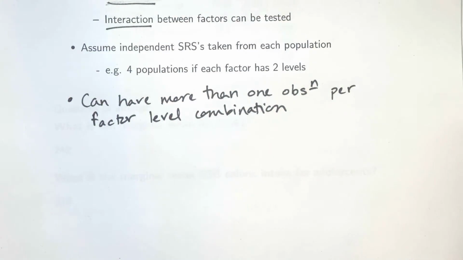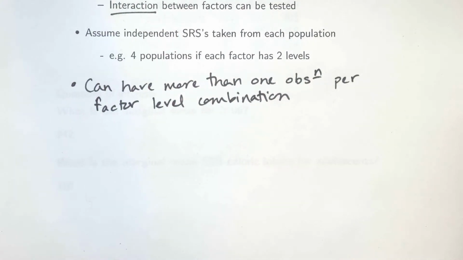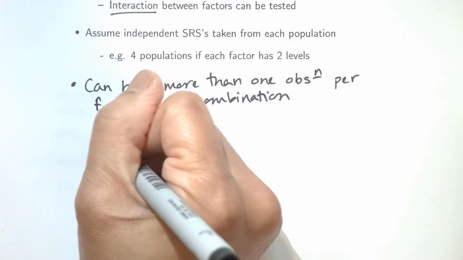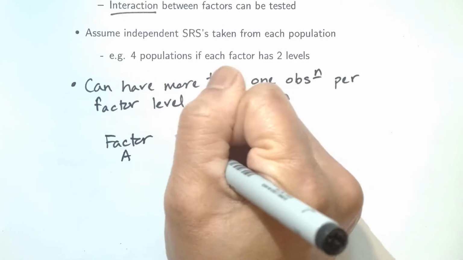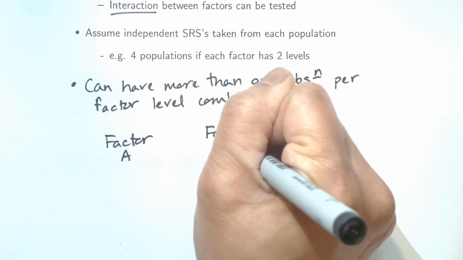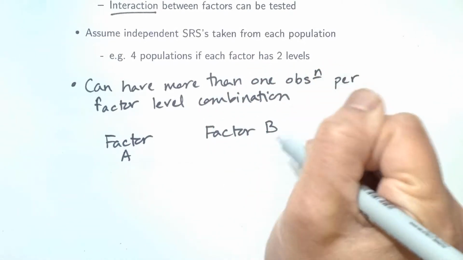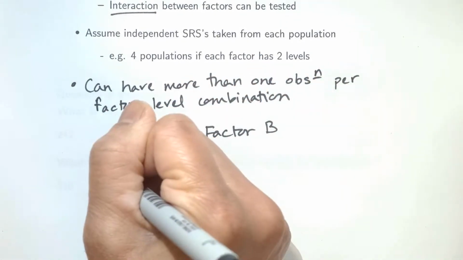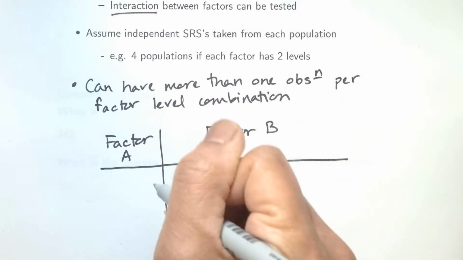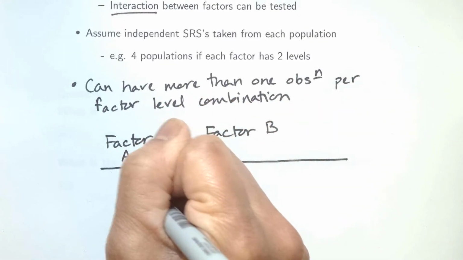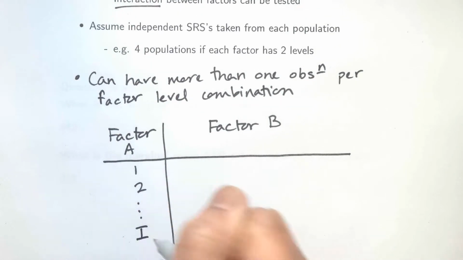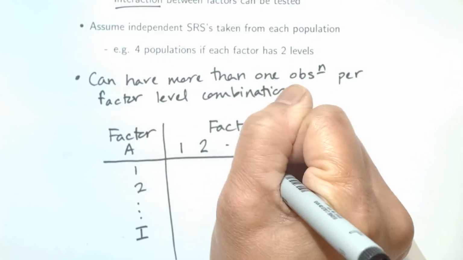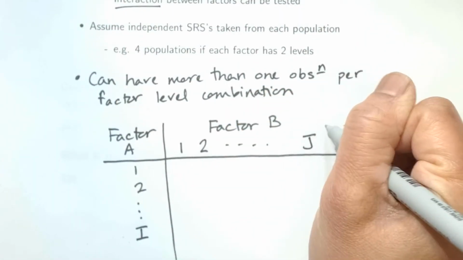Okay, so if we think about the data table, and at least the sample sizes, just to set us up, we'll see some of this notation introduced again later on. But we have factor A, factor B, and factor A might go from 1, 2, all the way down to I levels. Factor B will have 1, 2, all the way up to J levels.